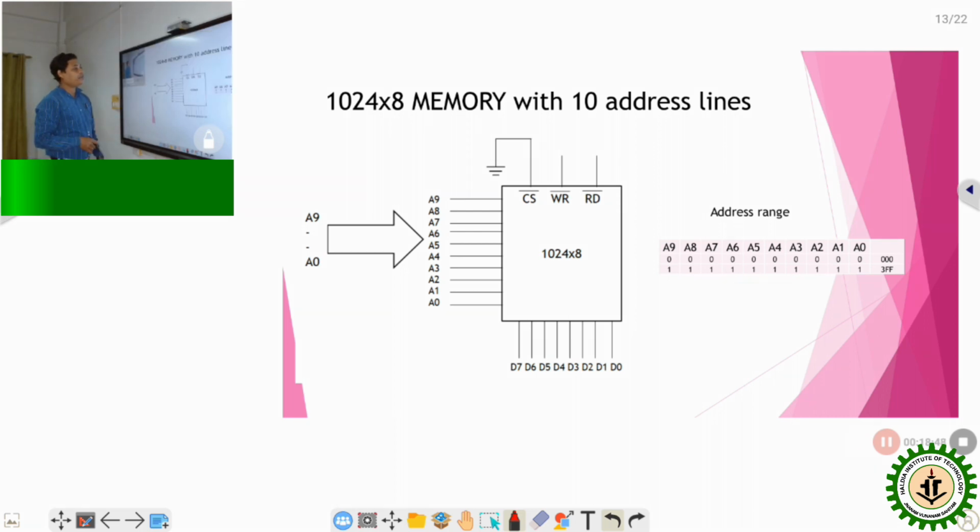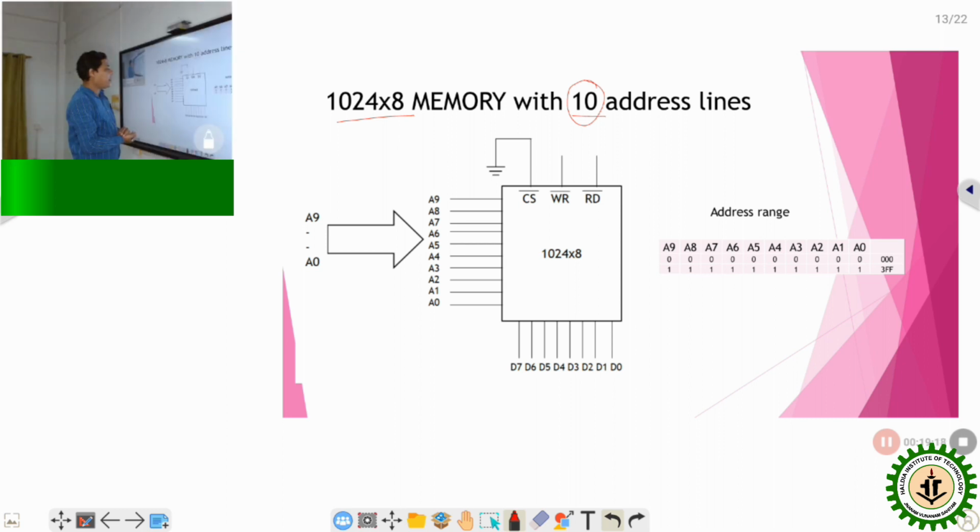First, interfacing of 1024, 1 kilobyte of memory, with the help of 10 address lines only. It is obvious that to access 1 kilobyte of memory we require 10 address lines, so no additional lines are considered here.